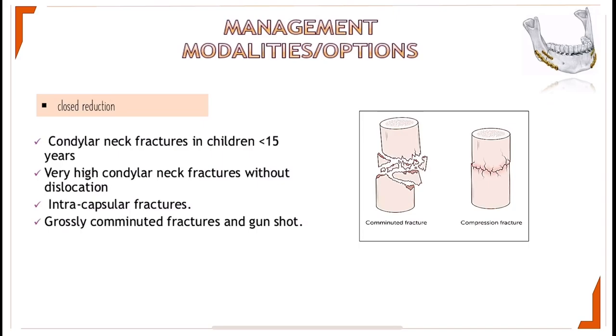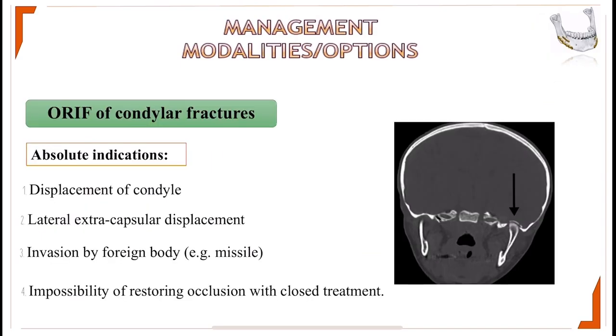Indications for closed reduction are condylar neck fracture in children below 15 years, very high condylar neck fracture without dislocation, intracapsular fracture, grossly contaminated fracture, and gunshot. For open reduction with internal fixation of the condyle, we have absolute indications, which are displaced condyle, lateral extracapsular displacement, invasion by foreign body, and impossibility of restoring the occlusion with closed treatment.